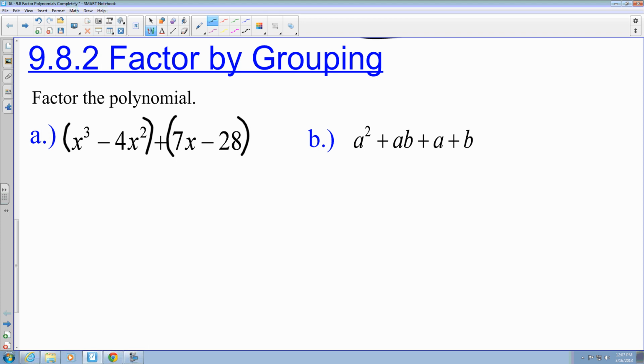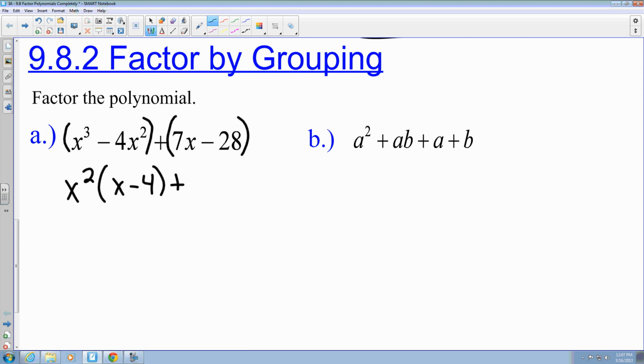So I need to find a factor that I can take out of x cubed minus 4x squared. I can take out an x squared. So here that leaves me with x squared times x minus 4 plus, what can I take out of 7x minus 28?